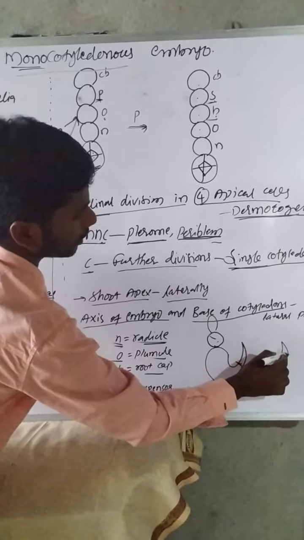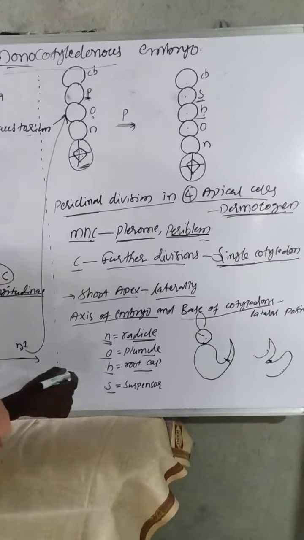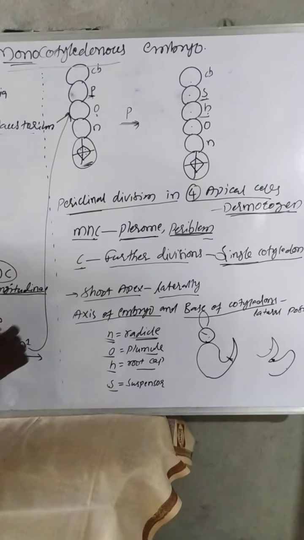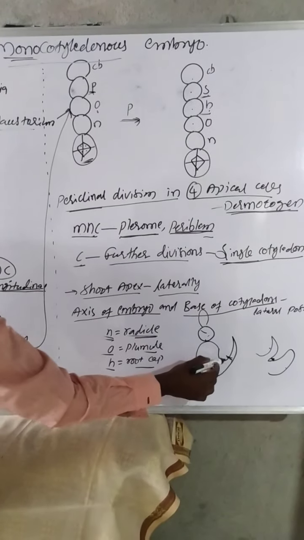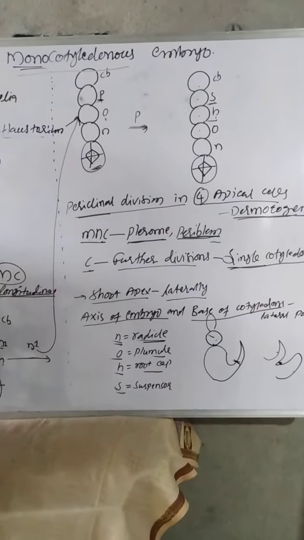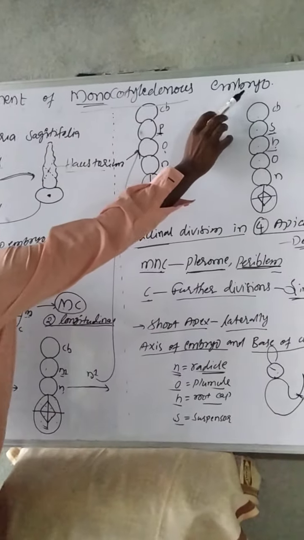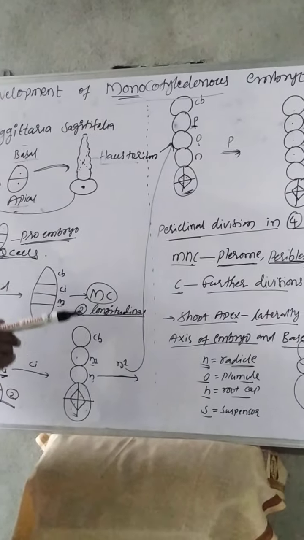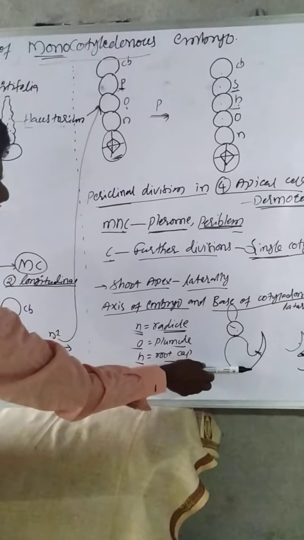In dicotyledons the shoot apex is present between the two cotyledons, but here there is only one cotyledon, so the shoot apex is located lateral to it. This is the development of the monocotyledonous embryo. Monocotyledon means the embryo contains only one cotyledon.